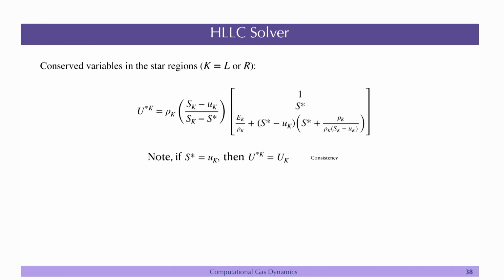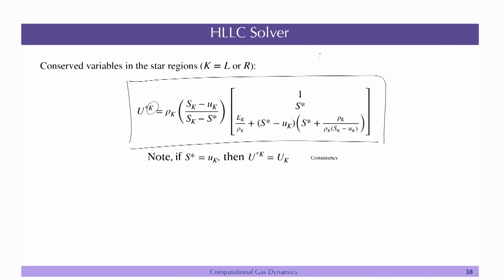So, finally, you will have basically this expression where k can represent either left or right state. Okay. So, in the mass, it is just 1, which is basically rho k, or it will be just rho L. And you can see one more thing, that we have this expression which can be written as eta equal to, let us say if it is left, then SL minus UL by SL minus S star.